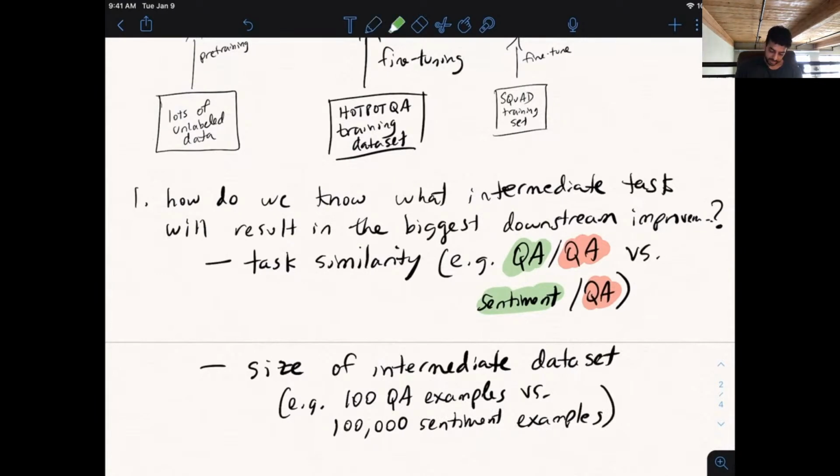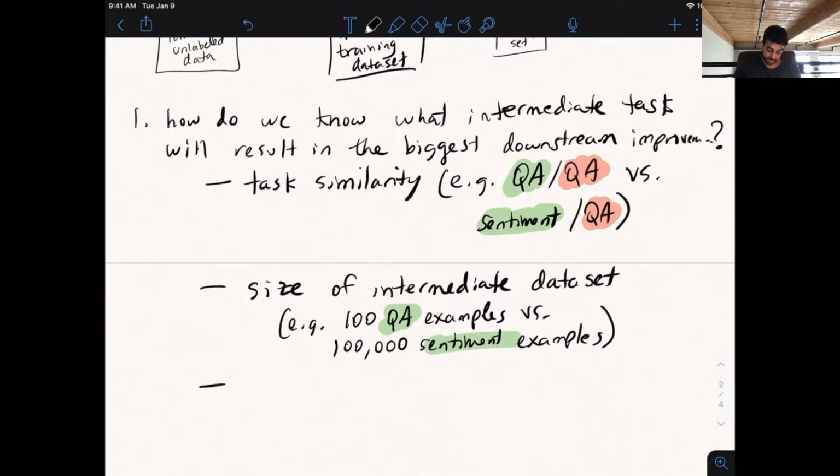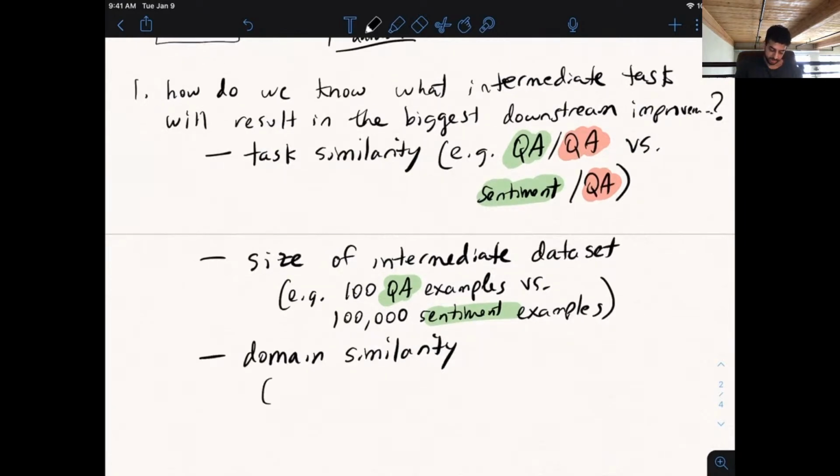Right? Another thing we need to consider. Here are both the intermediate tasks. Another thing is domain similarity. So remember that SQuAD is constructed from Wikipedia articles, right? So what if I have, let's say, make the data set size the same, 10,000 QA examples from, I don't know, what is a complicated domain-specific data set?